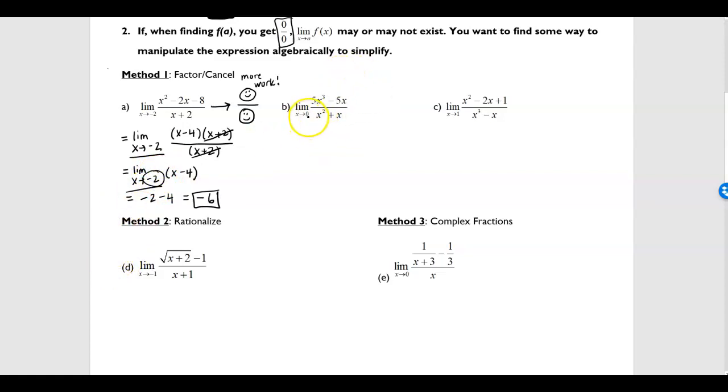So if I take the limit as x approaches 0 of 5x cubed minus 5x over x squared plus x, if I try to evaluate that at 0 first, I again get 0 over 0, which tells me I have more work to do. So I'm going to factor. So in the numerator, I could factor out a 5x.